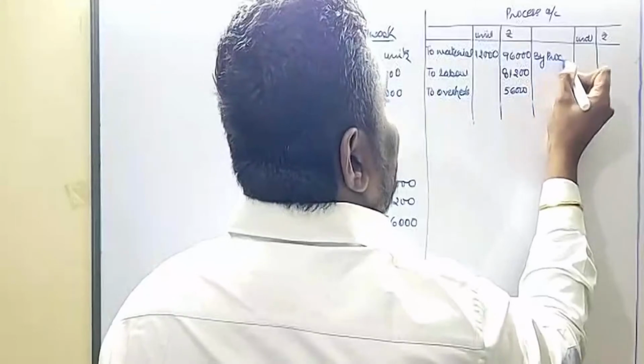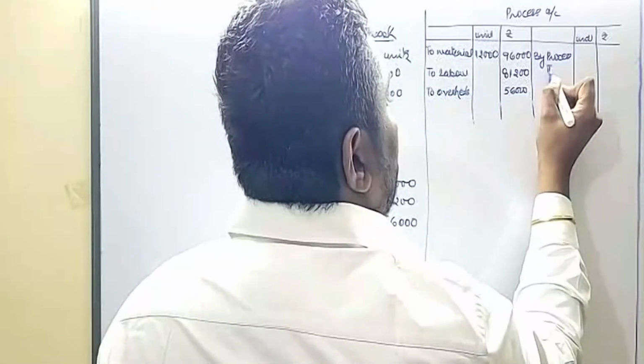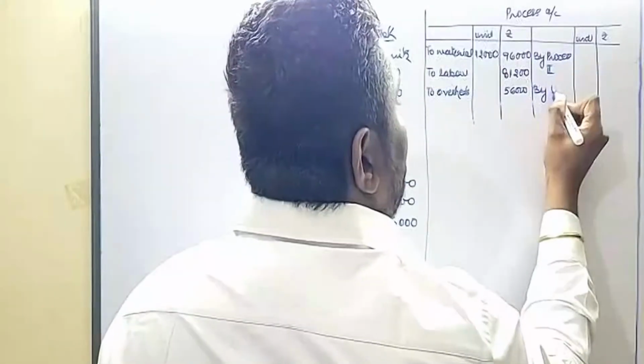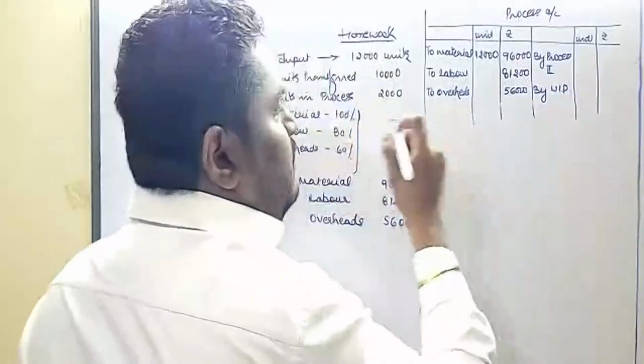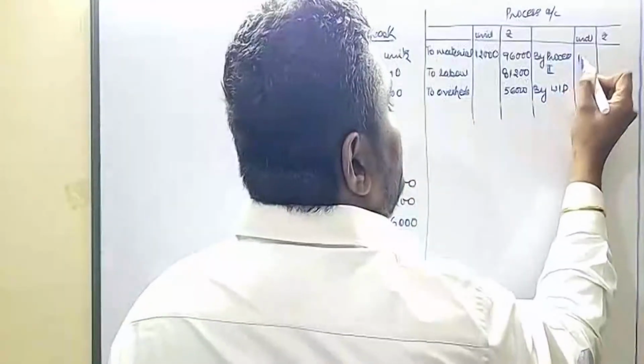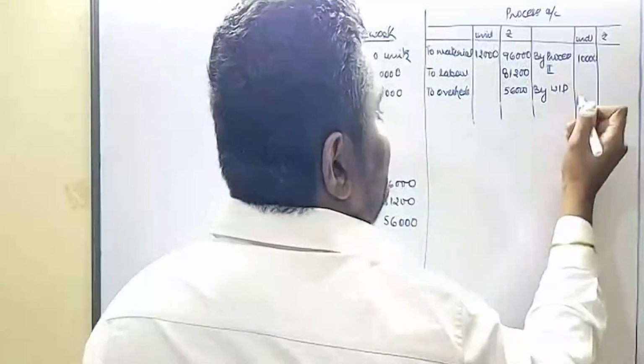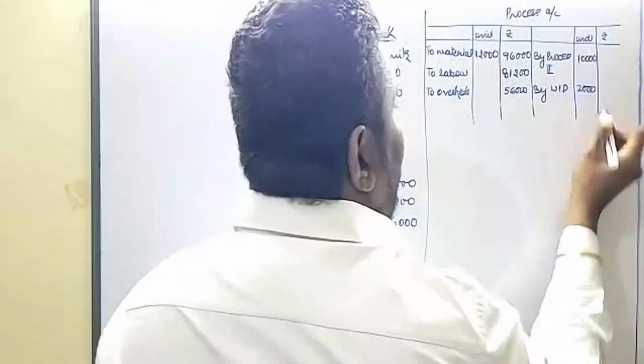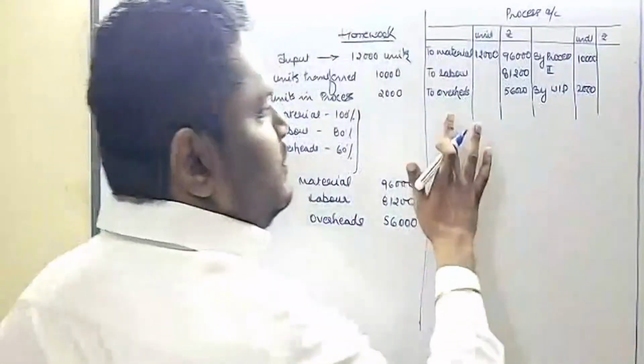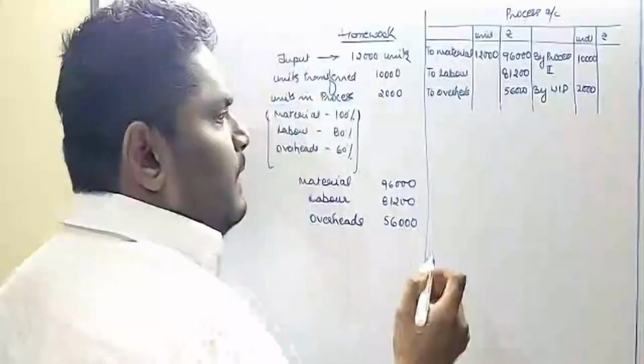By process second and by work in progress. When talking about the number of units, the units transferred to process second is 10,000 and the number of units that are still in process is 2,000.